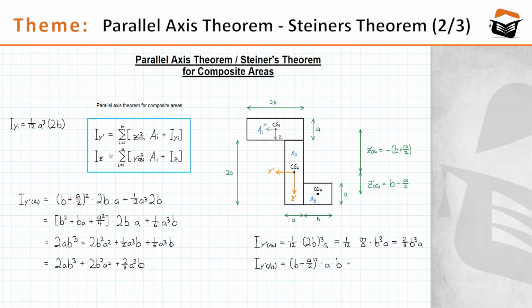Plus, again, if you apply the insights that we talked about as far as the area moment of inertia with respect to a centroidal axis, you will get 1/12 times a to the third power. A is perpendicular to y prime times b.